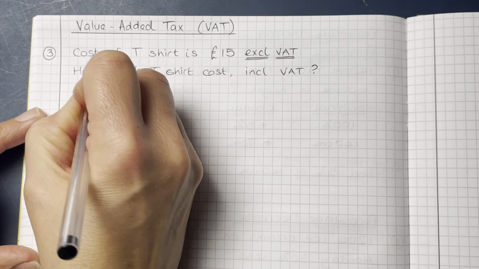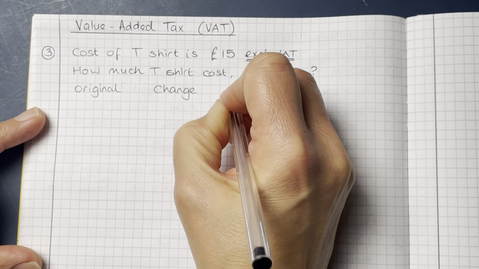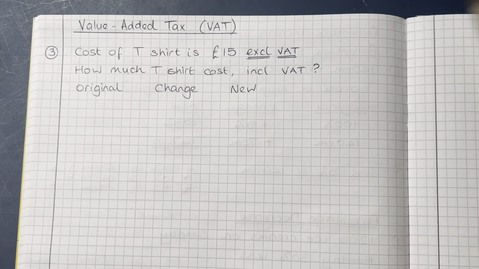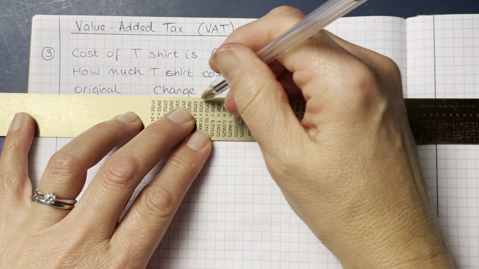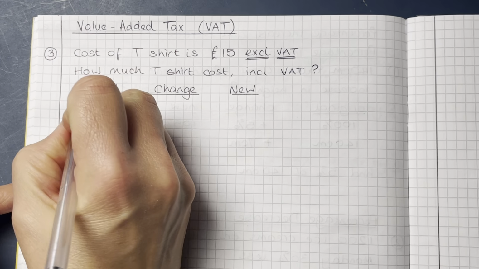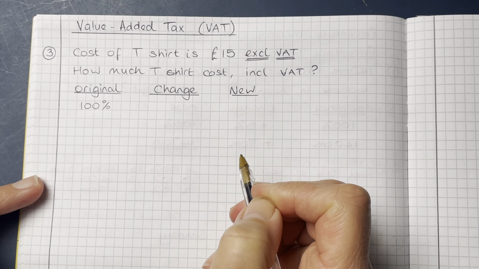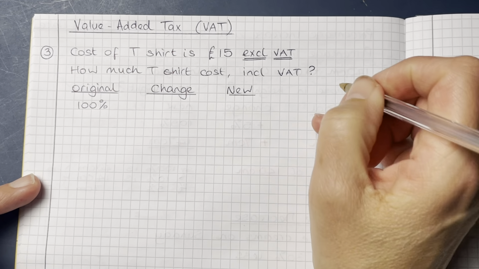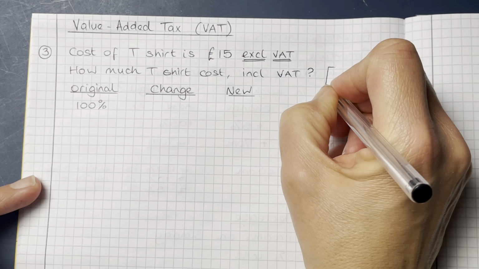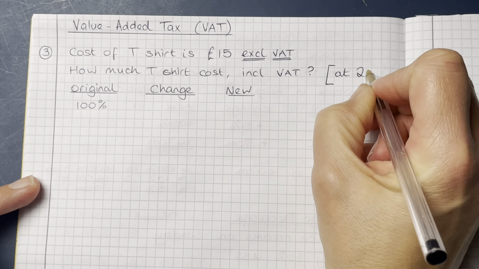I'm going to use exactly the same method. Original, change, and new. My original is my 100%. My change is VAT. Now, the question will specify the VAT rate to use.